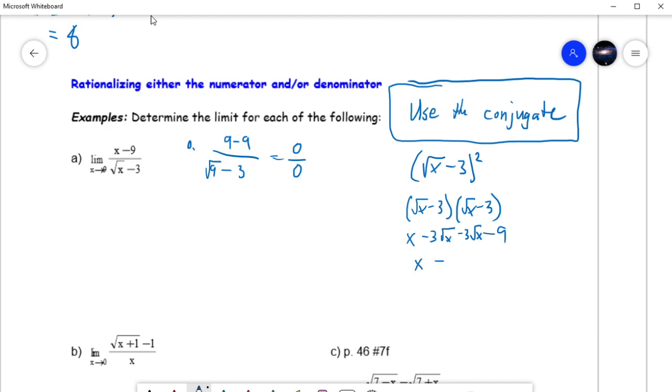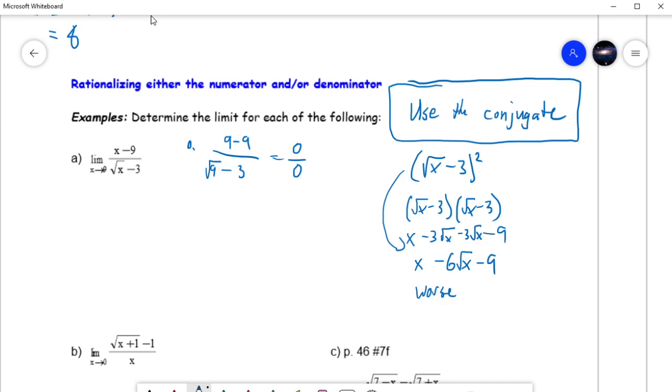So I tried to get rid of the root, but I actually just made it worse. This is worse than what I started with. It's 3 terms instead of 2, and I still have a root where I wanted to get rid of it. So when you square a binomial, i.e. 2 terms that have a root in them, squaring it is not going to get rid of the root.